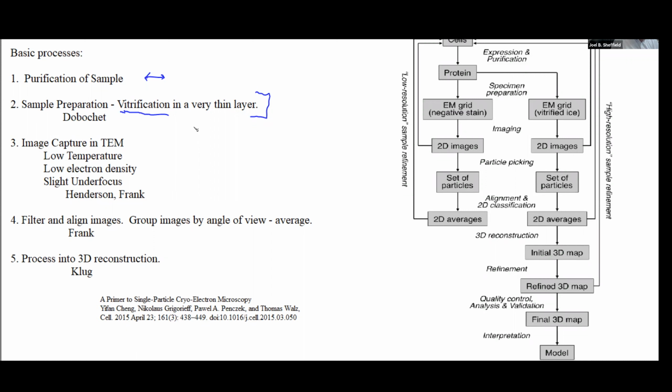And the question that Dubochet and others were interested in was, is it possible to get water to solidify without forming ice crystals? It turned out that the way to do that was ultimately to use very, very small amounts of water and put it in something very, very cold.